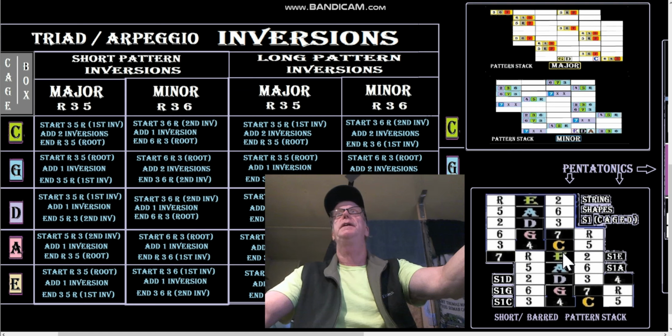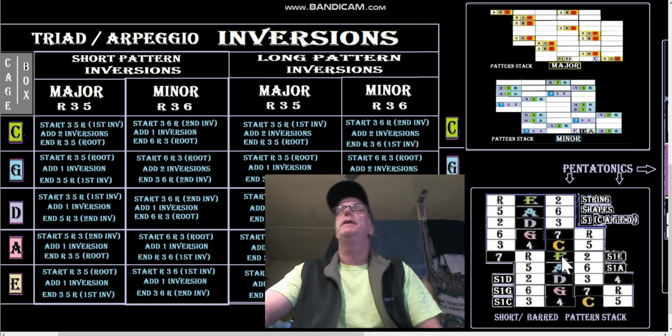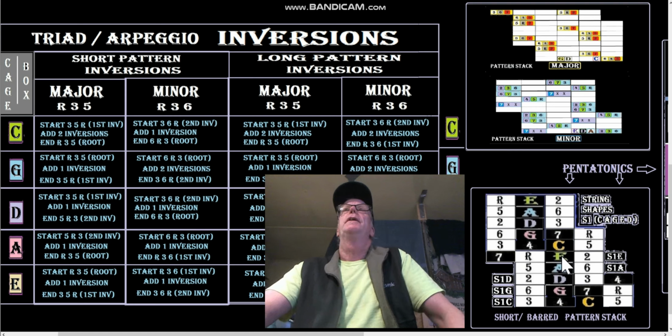Okay, so C to E, 1, 4, 5 is C shape, E shape, G shape. Okay, and when we're on the E in the E box, 1, 4, 5 is E shape, A shape, C shape. So remember, 1, 4, 5: the fourth is down below it.